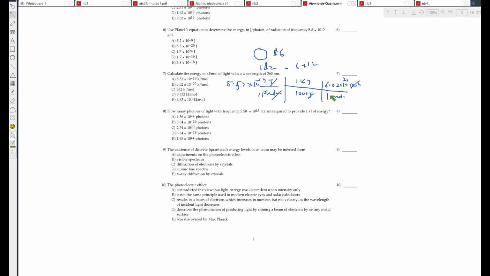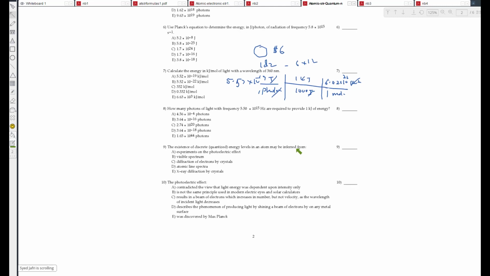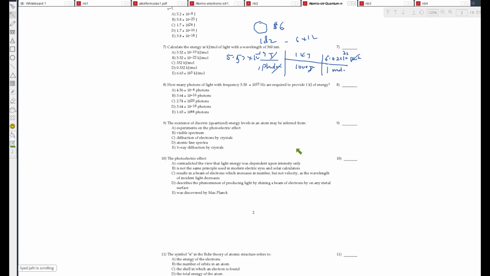Thank you. Okay, so I'll try and do the 8th question. It's similar but not exactly the same. How many photons of light of frequency nu equals 5.50 times 10 to the 15 hertz, or 1 over second, are required to provide 1 kilojoule of energy?